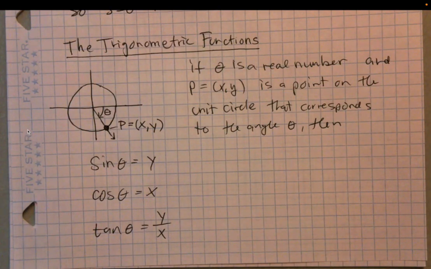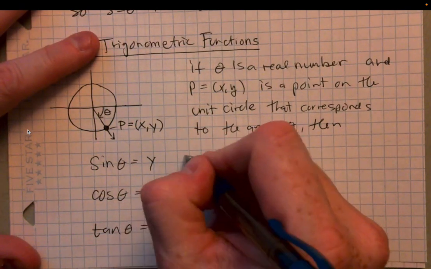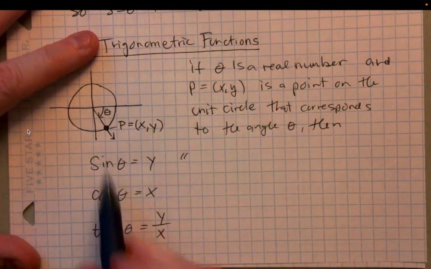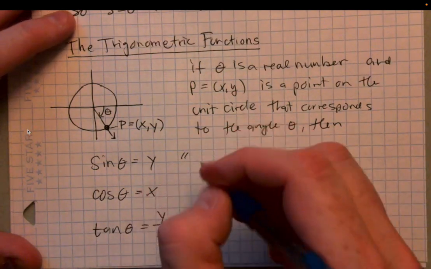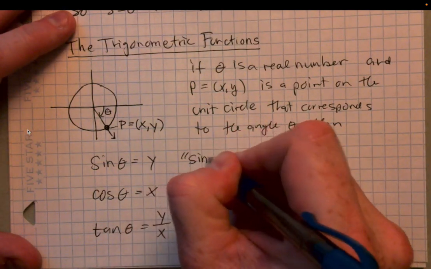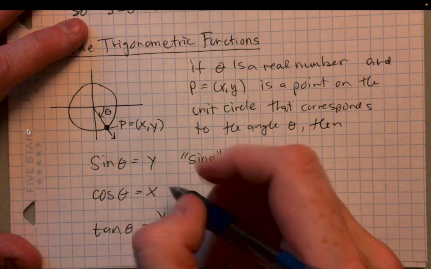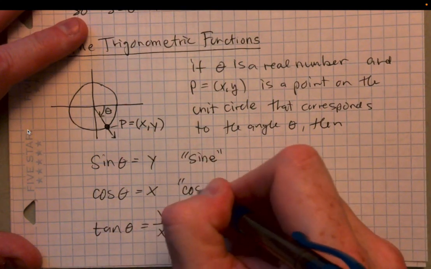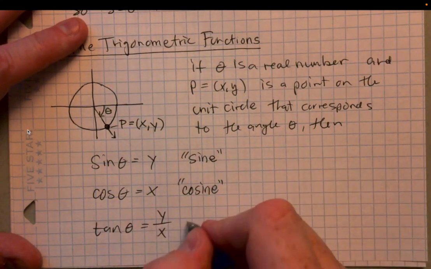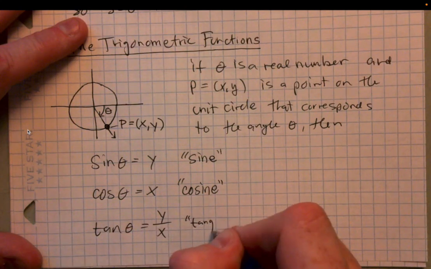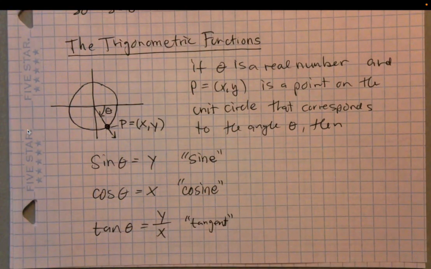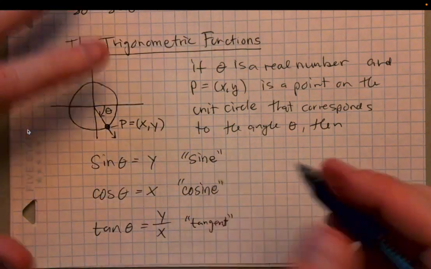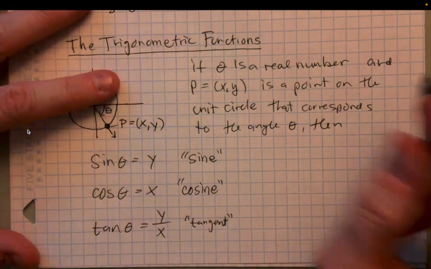Okay, so these are the three primary trig functions, and this is the notation: sin theta, cos theta, tan theta. Those are the three primary trig functions, and then there are three reciprocal trig functions.